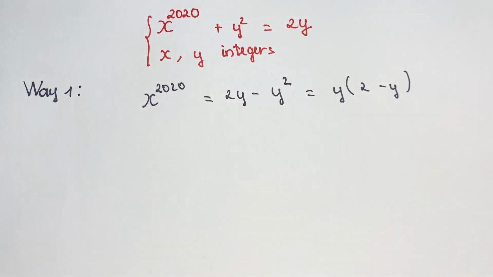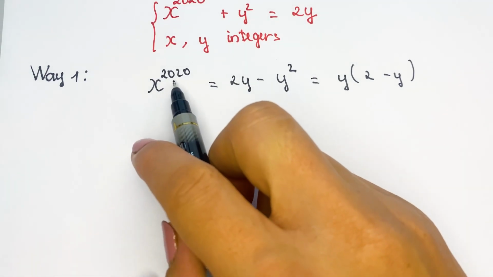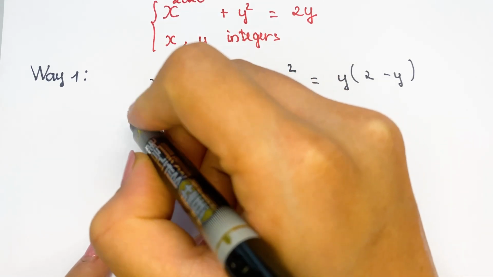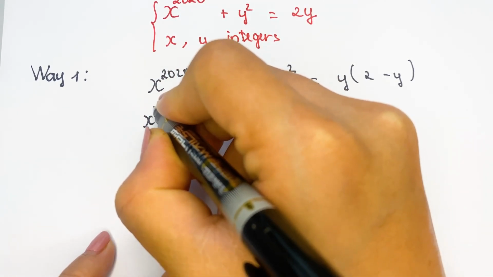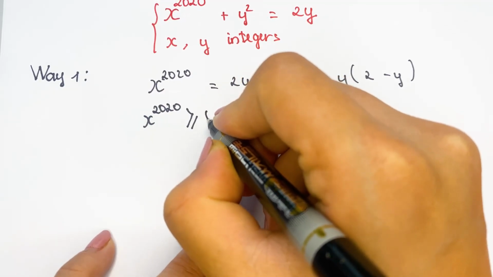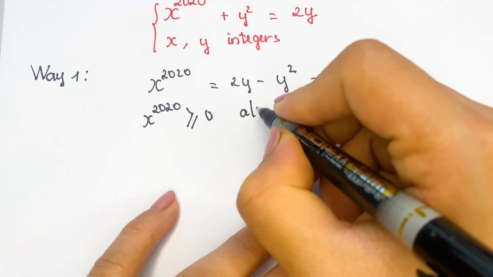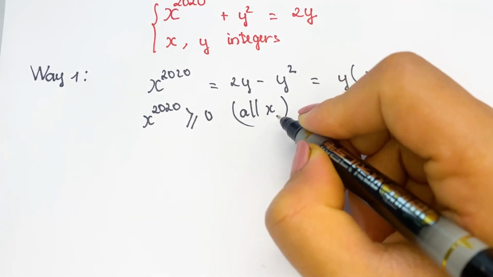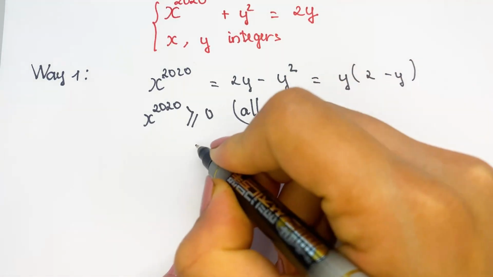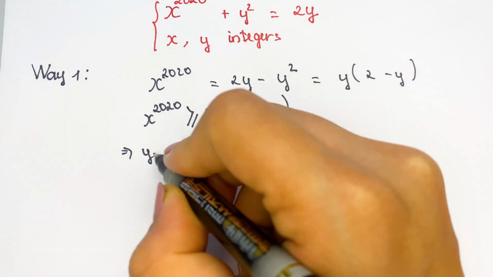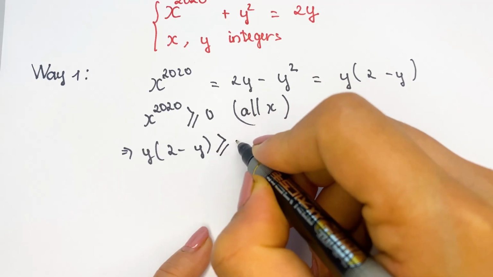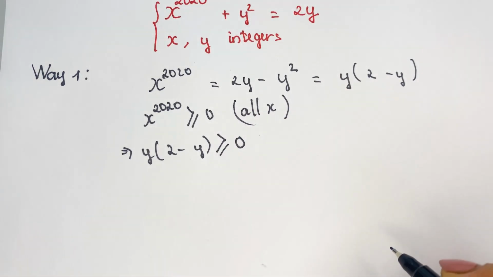Everyone can see that because x^20 is an even power, therefore we also have x^20 is greater than or equal to 0 for all x, right? So therefore on the other side we have y(2 minus y) is greater than or equal to 0, right?